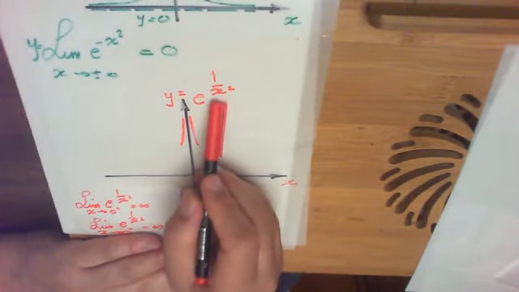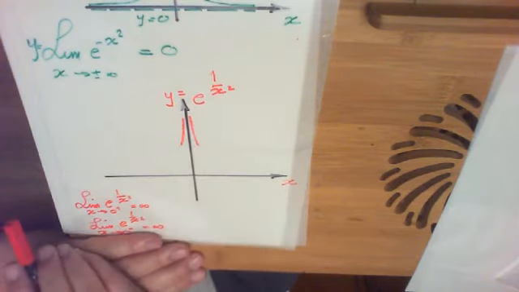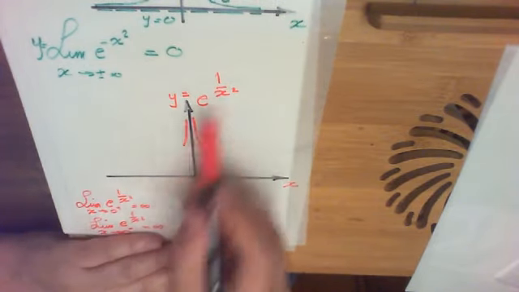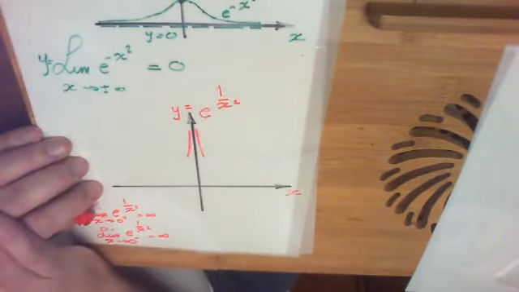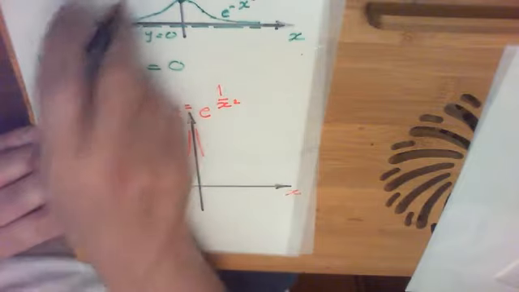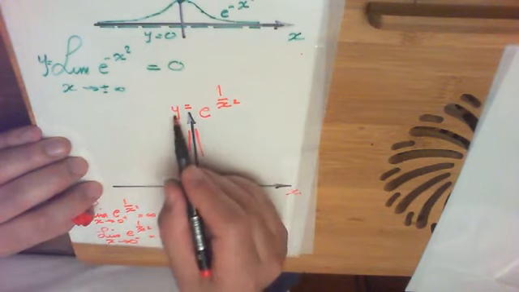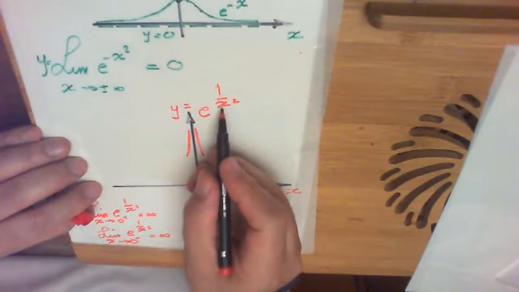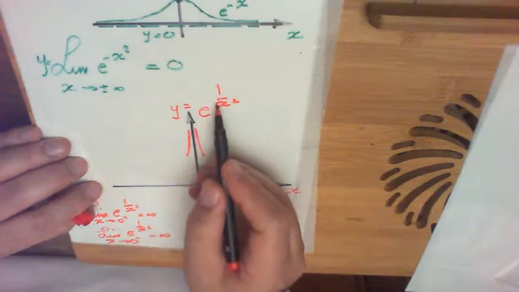So we have here infinity, and here infinity. Now, as x increases with positive values or negative values, this is still positive. So no part of this curve is under the x-axis. This curve is always positive, and it is still an even function like this. As x increases, y decreases. As x approaches infinity, 1 over infinity is 0, e to 0 is 1.